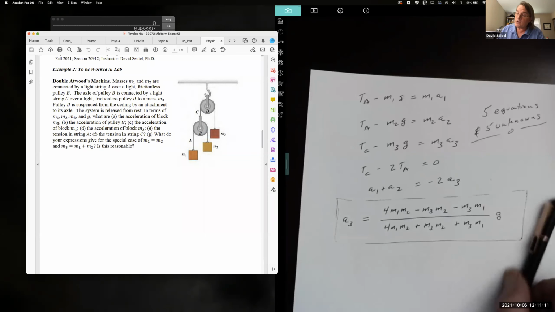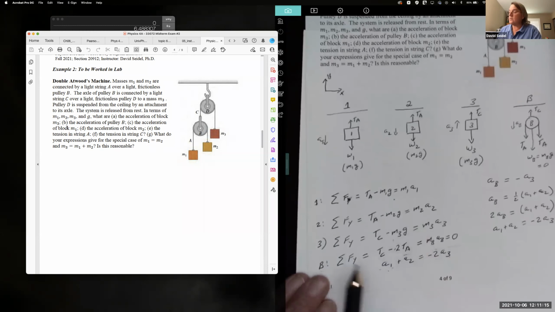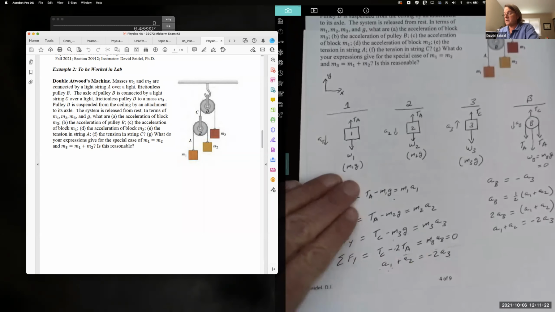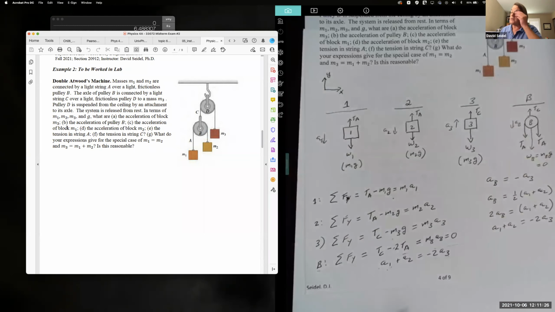But all I asked you to do was to set up and write out the ones with the forces. In this case, for instance, these just had forces in the Y. I didn't have an X direction, but I had 4 different objects to deal with.